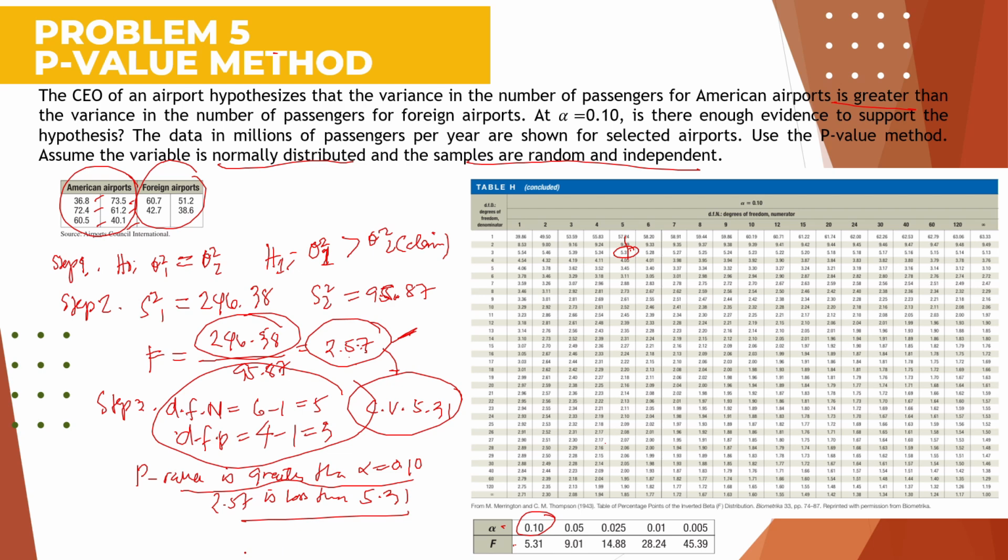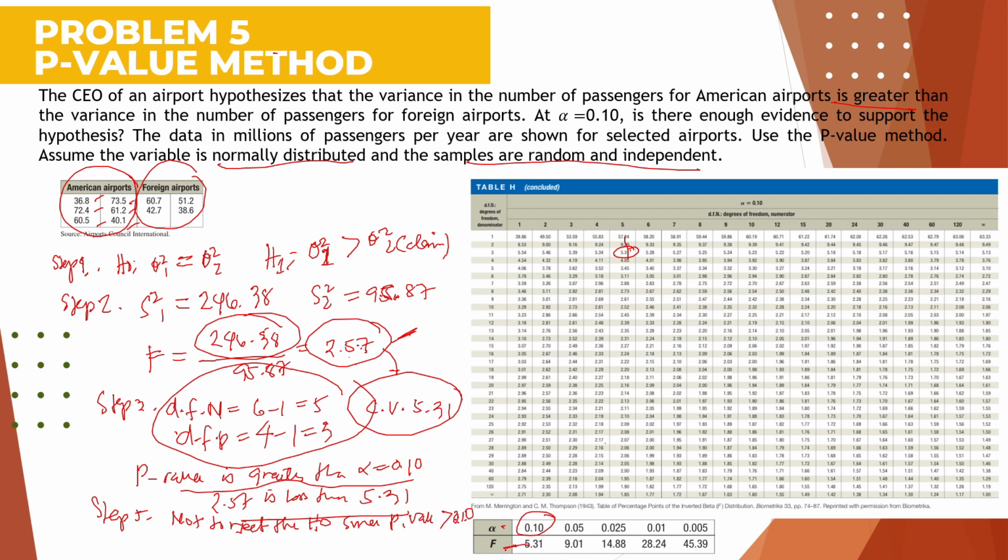So for the p-value here, step number 5, the decision is not to reject the null hypothesis since the p-value is greater than 0.10. Why is it greater?